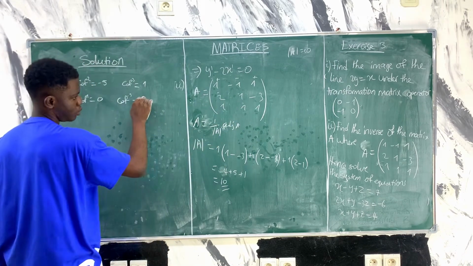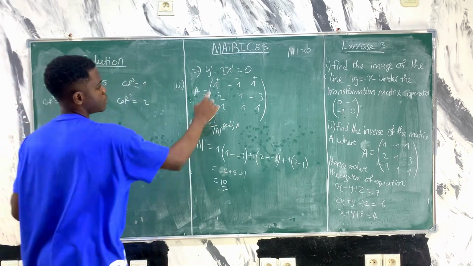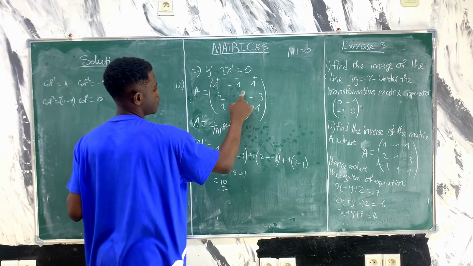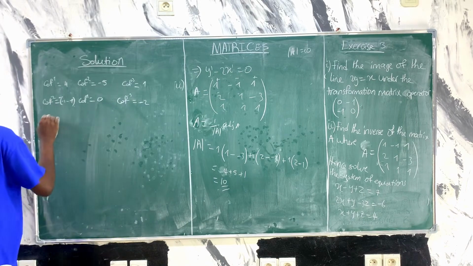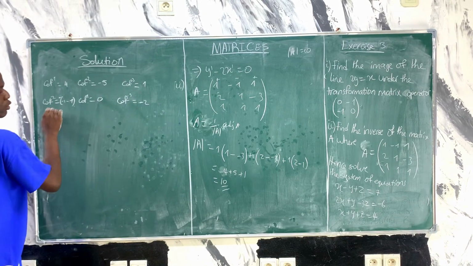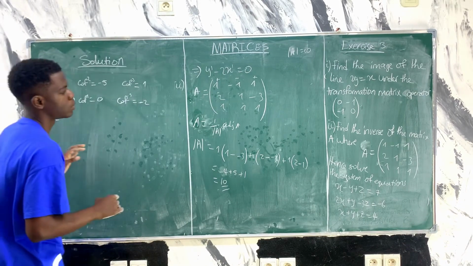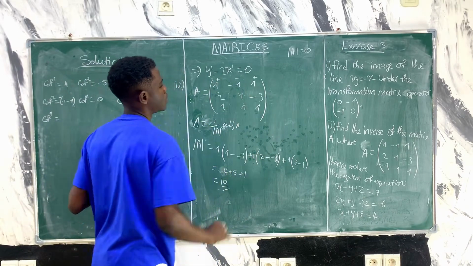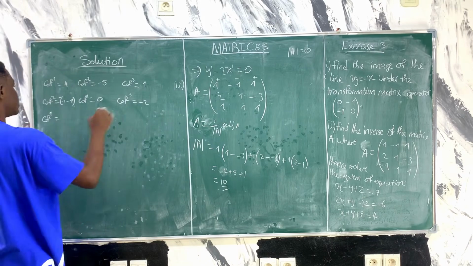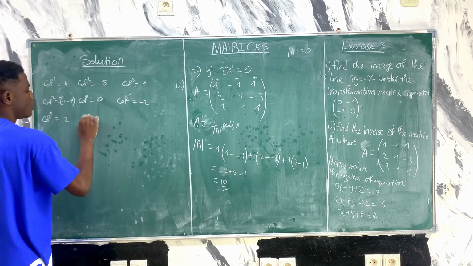You have 2. So this is plus, minus, plus. Here I'm going to have minus 2. So the cofactor at 1 down is going to be cancel here and cancel here. You have 3 minus 1 is 2. The sign is plus, so it's 2.